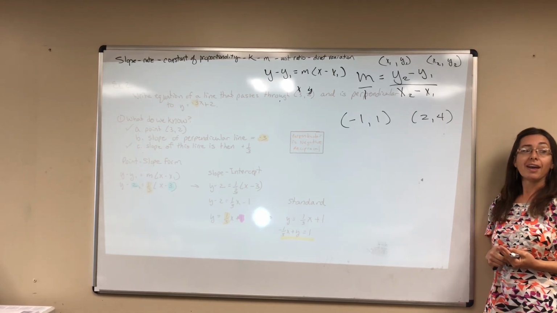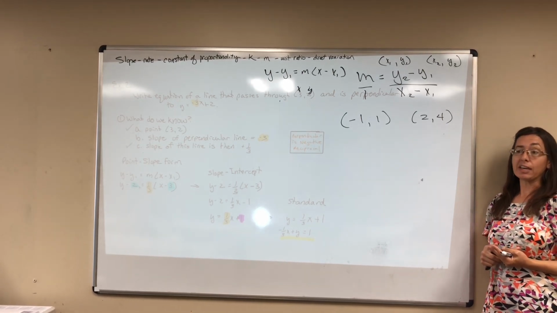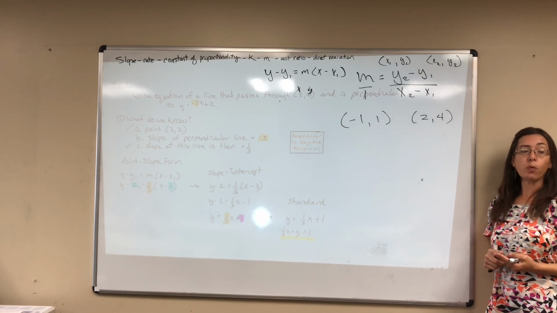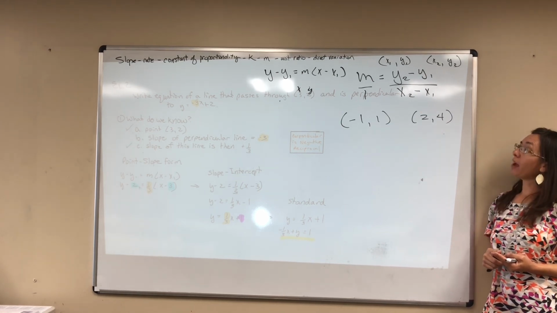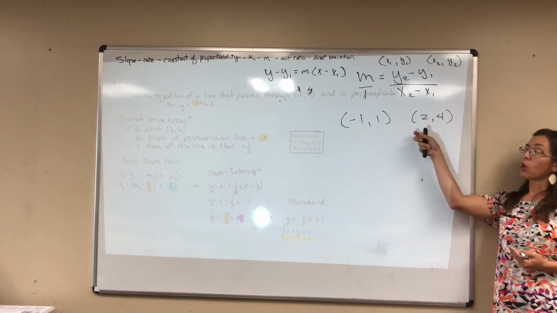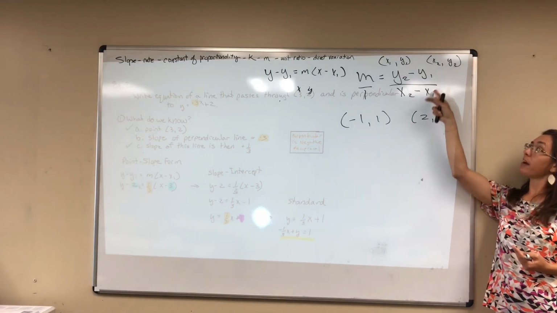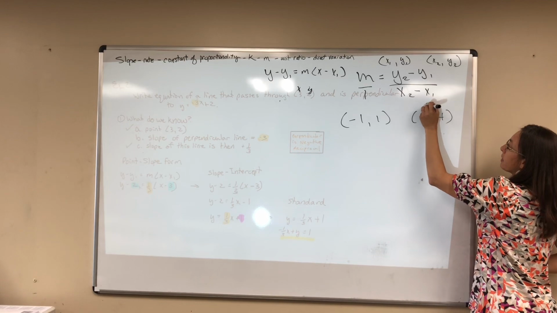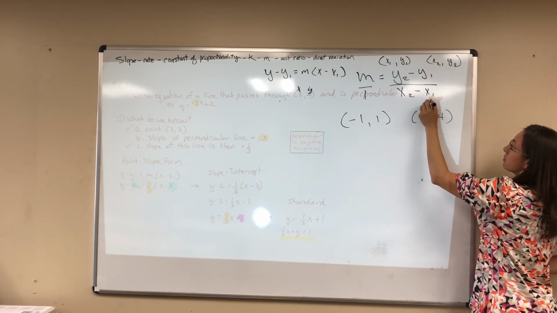We don't have it. Could we get it? Yes. When you have 2 points, you have to use your points to find your slope first. So let's pick this guy as our first value.